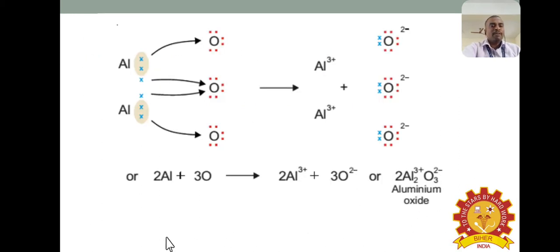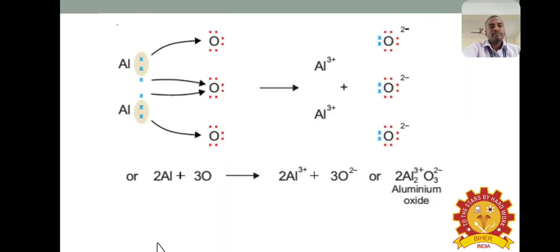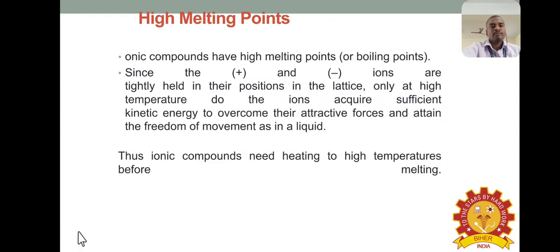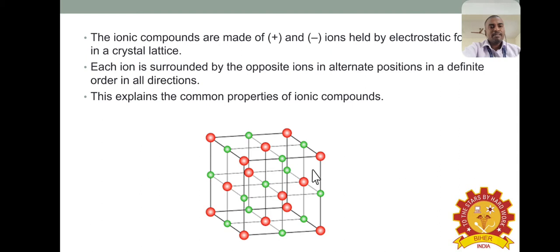From the figure, you may consider that the number of cations and the number of anions must be equal.